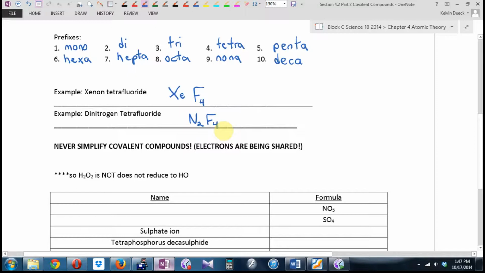No. No reduce, no lowest terms for covalent because these electrons are being shared. So H2O2 does not reduce to HO. It stays as H2O2. How can you tell it's covalent? Non-metal, non-metal. So now, I can't say that this is tougher, but we're adding to a series of checklists that we have to look at before we jump on in. Right?